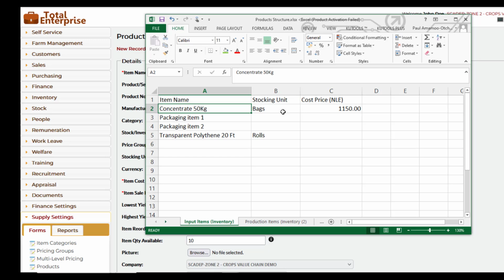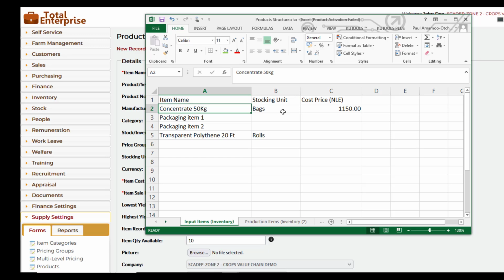The stocking unit has to do with how you count your items, the items that you are buying from the market for production, or the items that you have processed for sale.